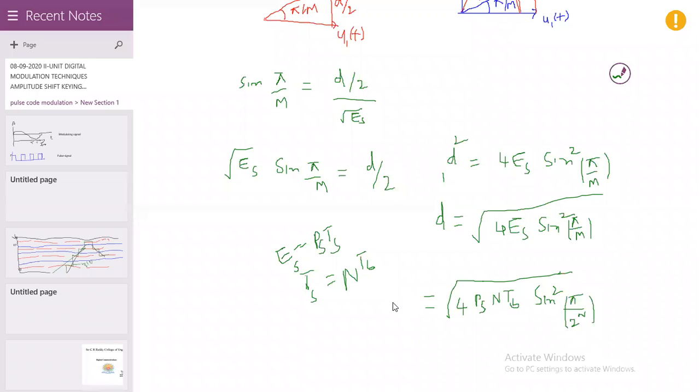So this is the expression for the distance between two symbols in M-array PSK.